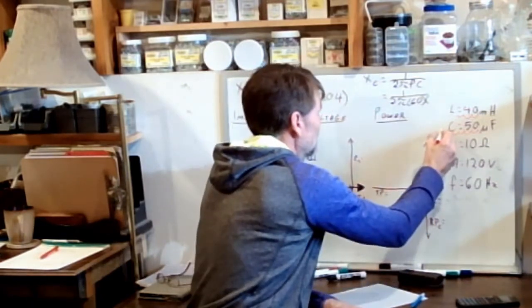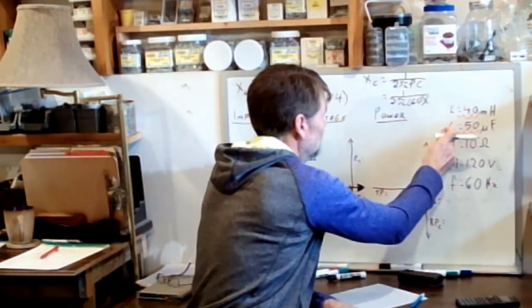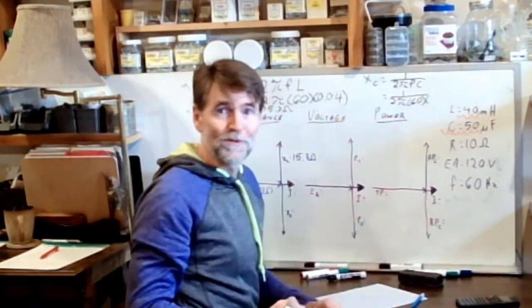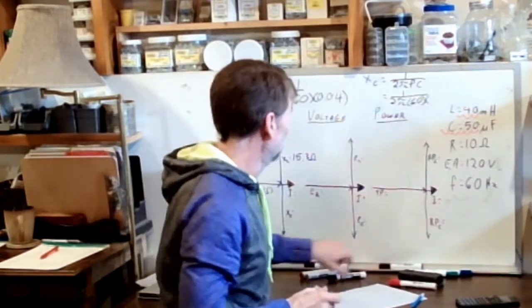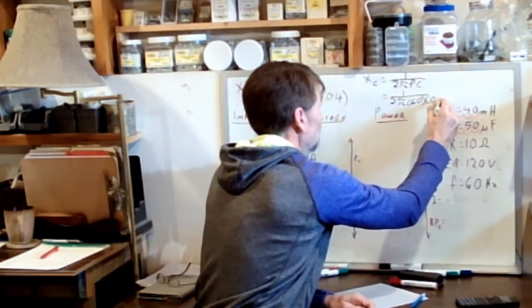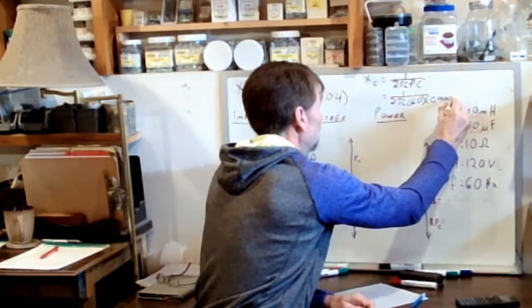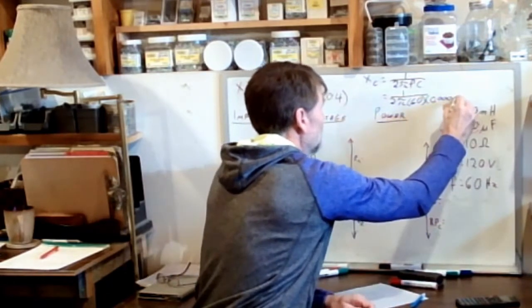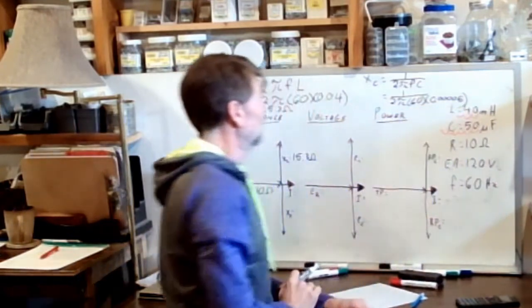Which means with the decimal there, we have 1, 2, 3, 4 zeros before we get to the number 5. So it is 0.000050.